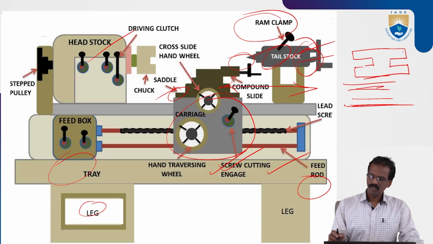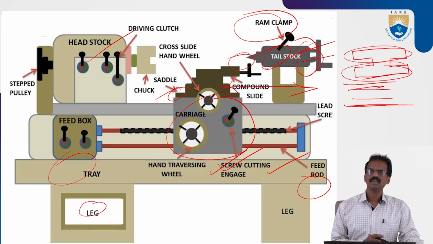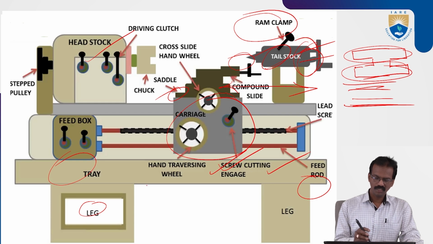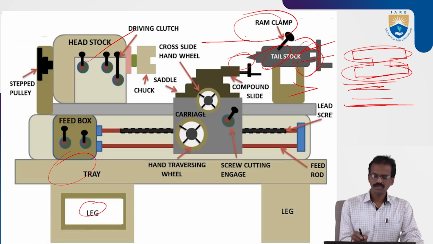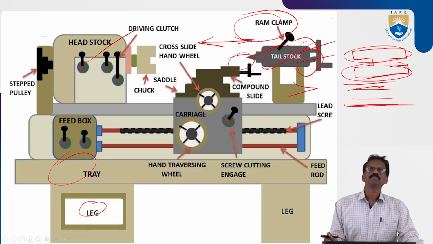So one bar is placed on one guideway and another bar on the other guideway. By the help of the guideways and the feed rod, the saddle moves forward and backward. So the saddle gives the longitudinal movement, forward and backward.